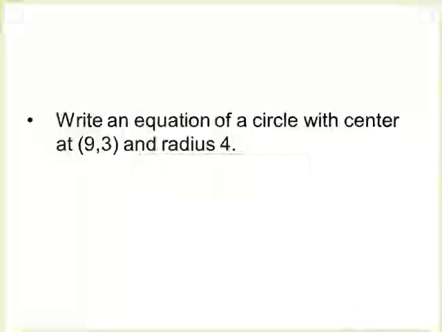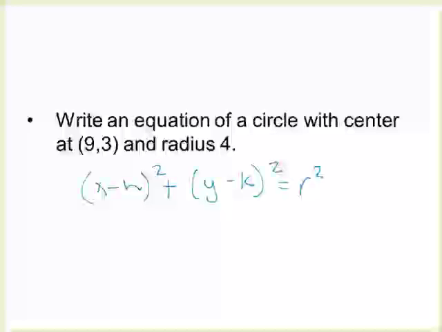So to write an equation for a circle, I'm going to look up the equation in the chart for a circle, which says (x minus h) squared plus (y minus k) squared equals r squared. And then in the end, all that should be left are x and y, and everything else should be numbers. The center is (h, k).